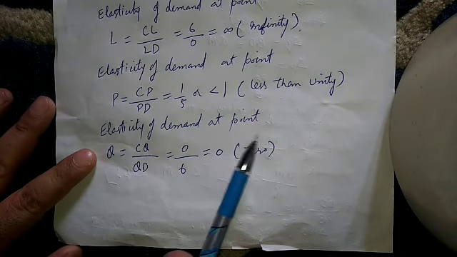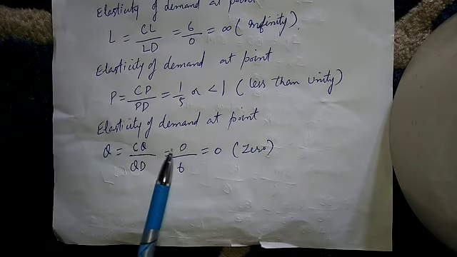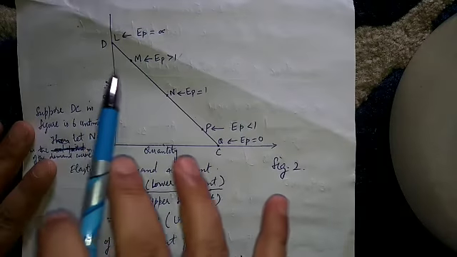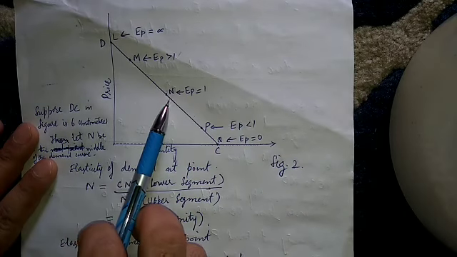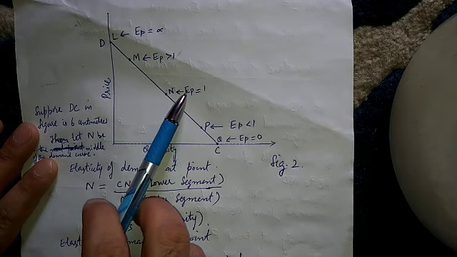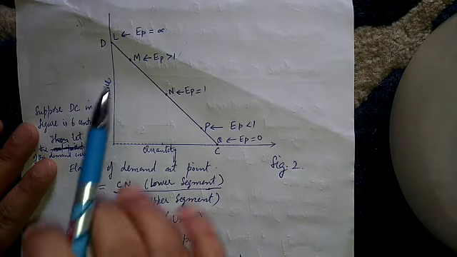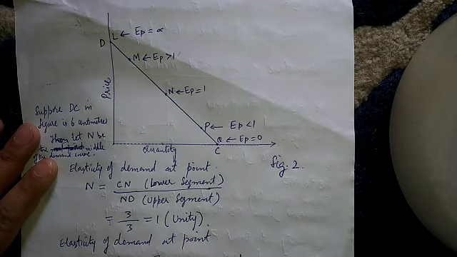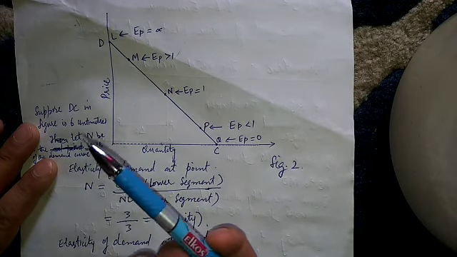Now we arrive at the conclusion that at the midpoint on the demand curve, the elastic demand is unity. Moving up the demand curve from the midpoint, the elasticity becomes greater.